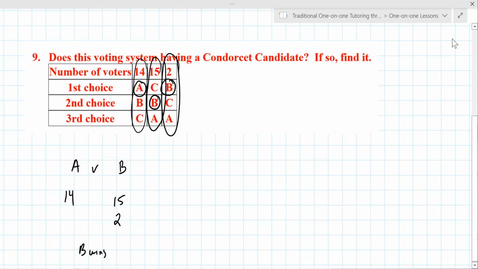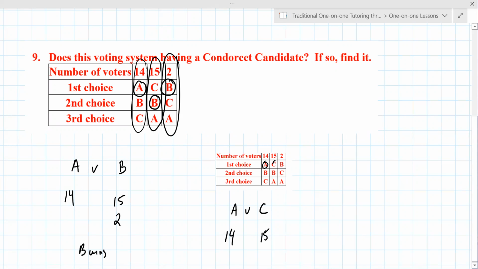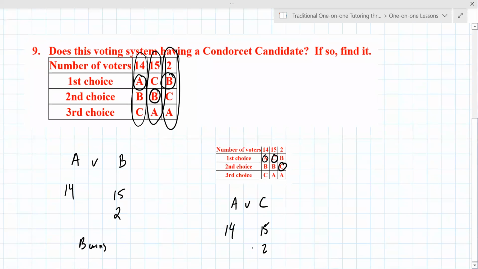And then we do the same thing now for A to C. Let me grab the table here. So now A versus C, you got 14 in the first column, 15 in the second, and then 2 in the third. And so C wins.